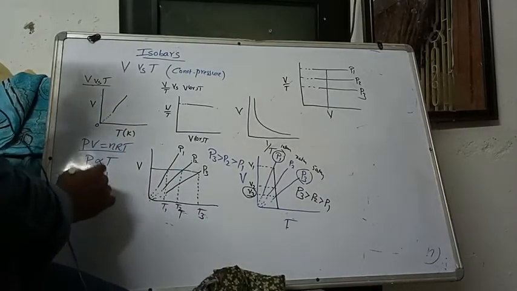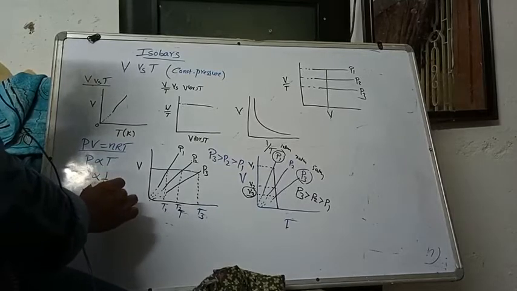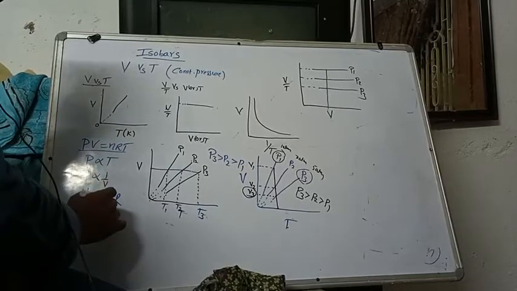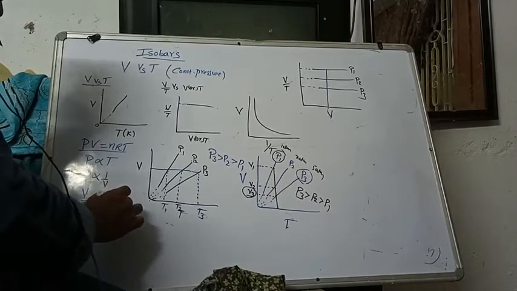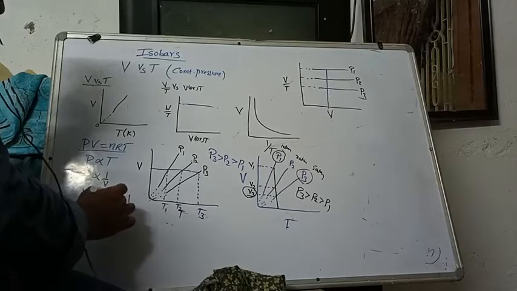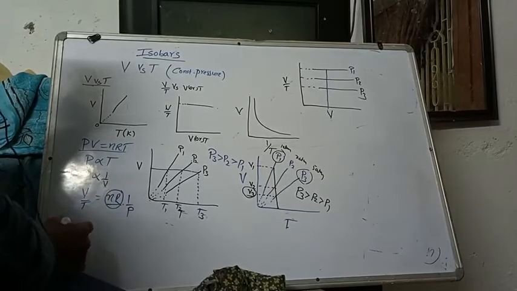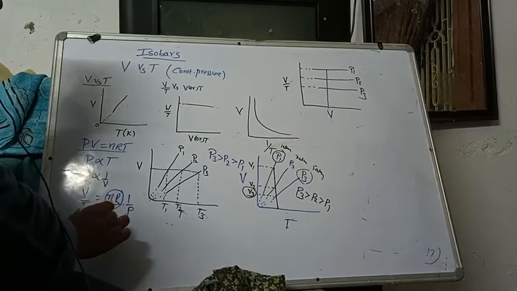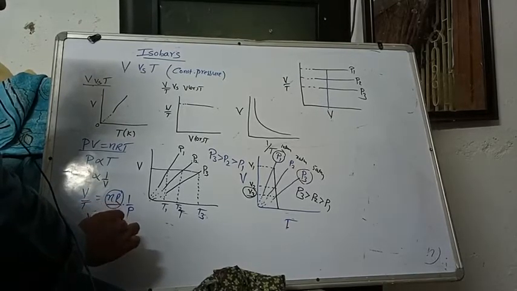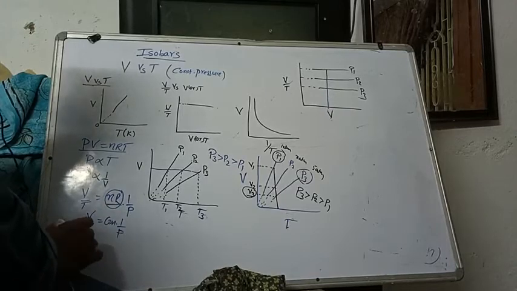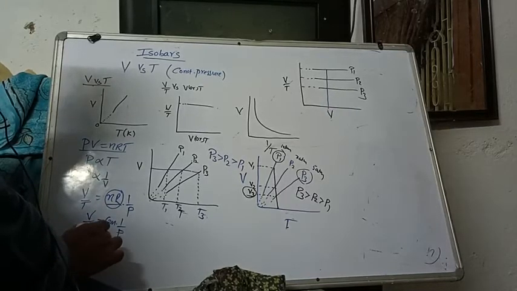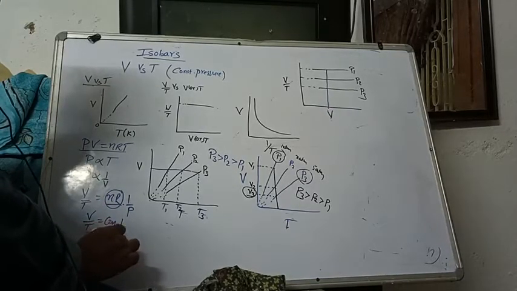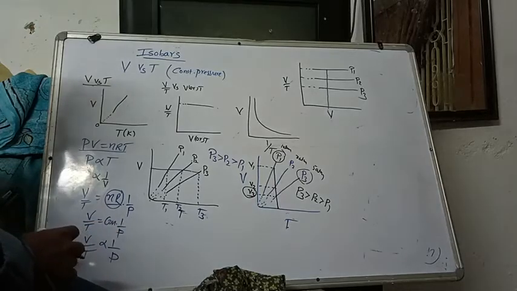That means nR by P, this will be taken as constant, means V by T is equal to constant into 1 by P. So V by T is inversely proportional to 1 by P.